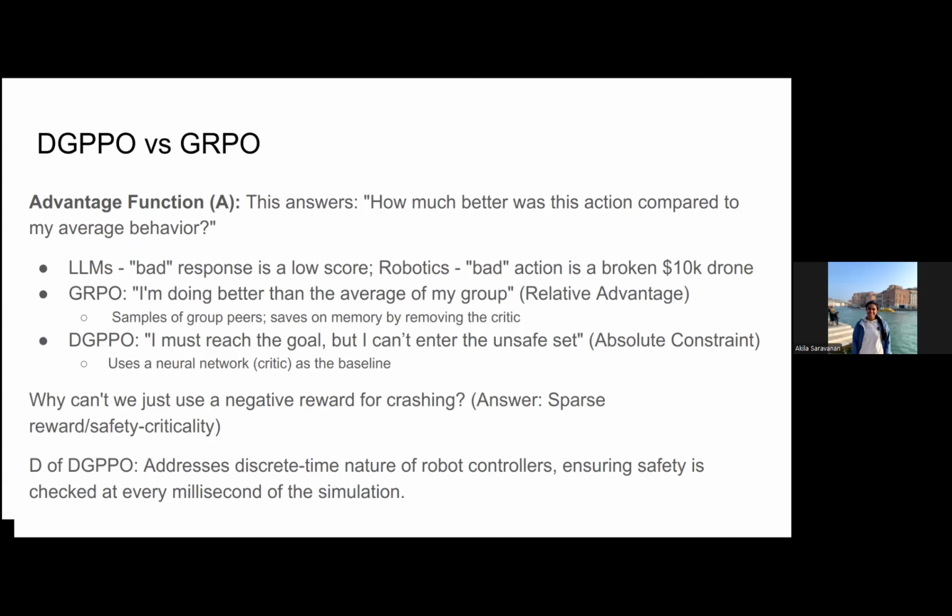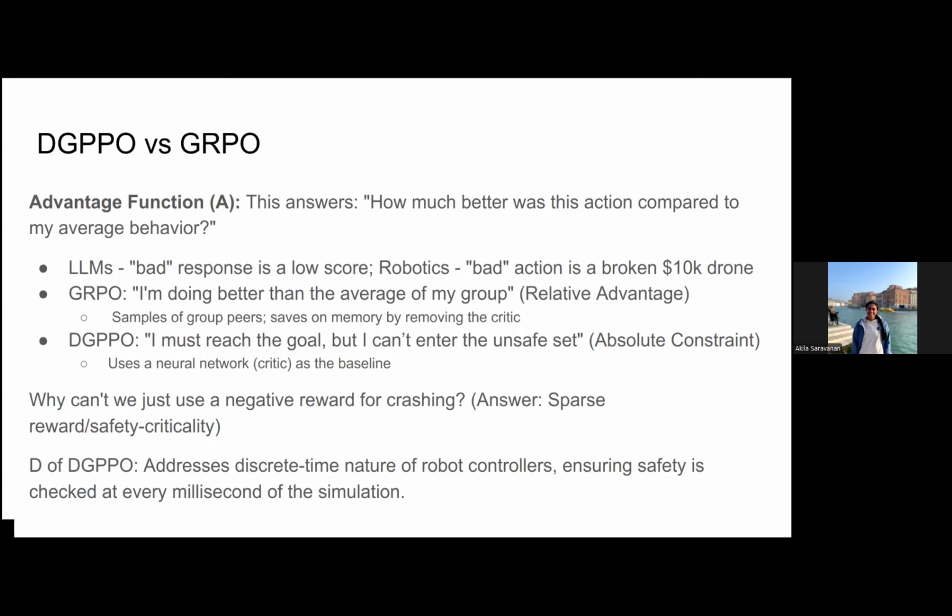How exactly do you ensure that safety is checked? The PPO part of it is not that. DGPPO is a two component thing. There's learning how to execute the task, figuring out what actions you should take. And there's a GCBF, a graph control barrier function, which is also learned simultaneously, and that's what is ensuring the safety.